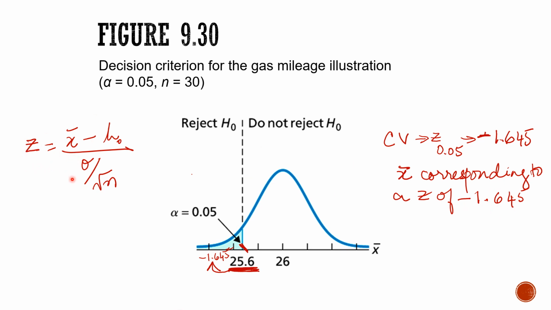We just have to plug in the values we know and solve for X bar. That will give us the value of 25.6, and that's how they got the value of 25.6 for this particular problem.